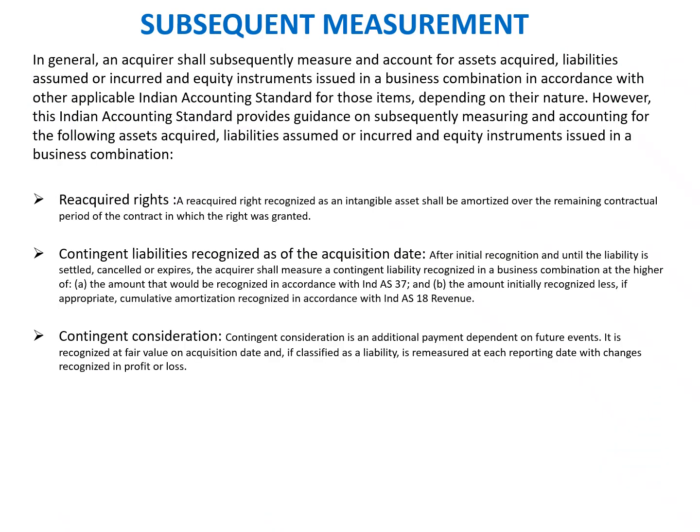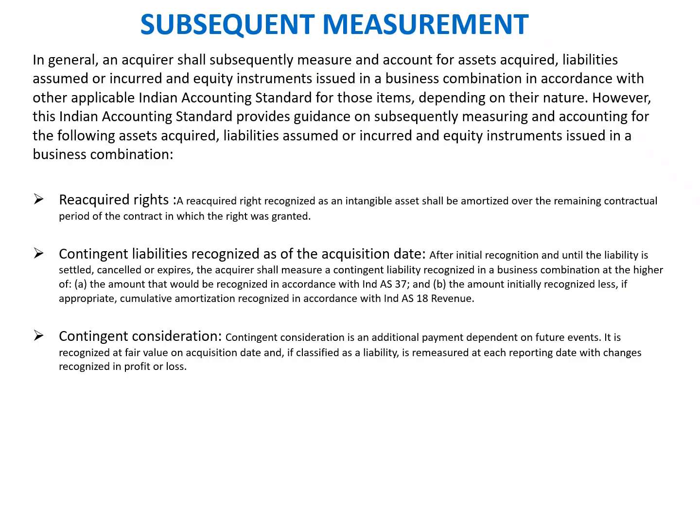Okay, now we'll talk about the subsequent measurement. Typically, whenever an accounting standard applies, it has two concepts: the original recognition and original measurement, that is, initial recognition and initial measurement. Then at each reporting date, we have to do the subsequent measurement.